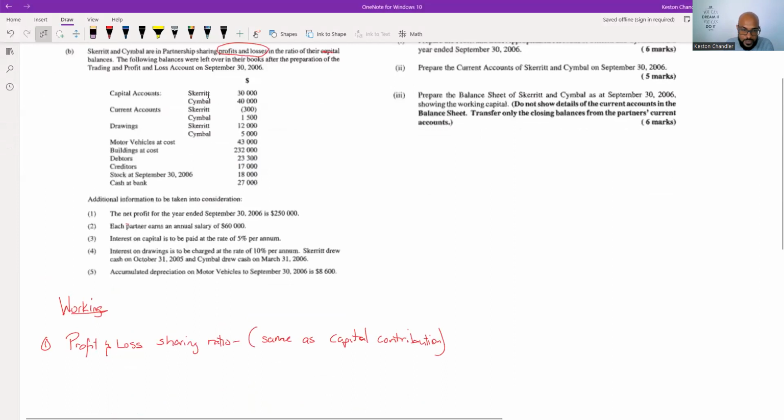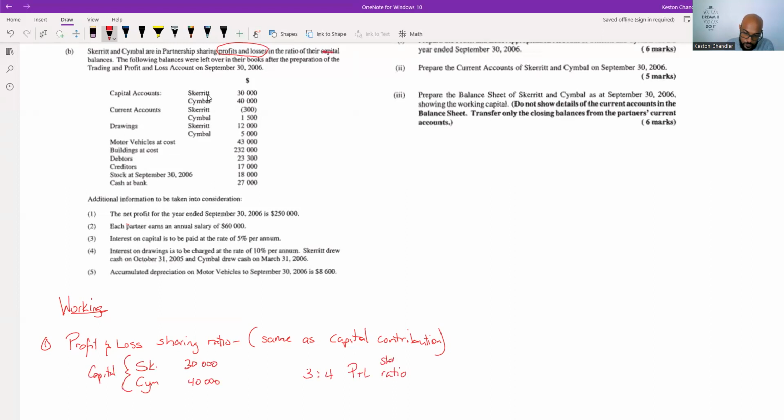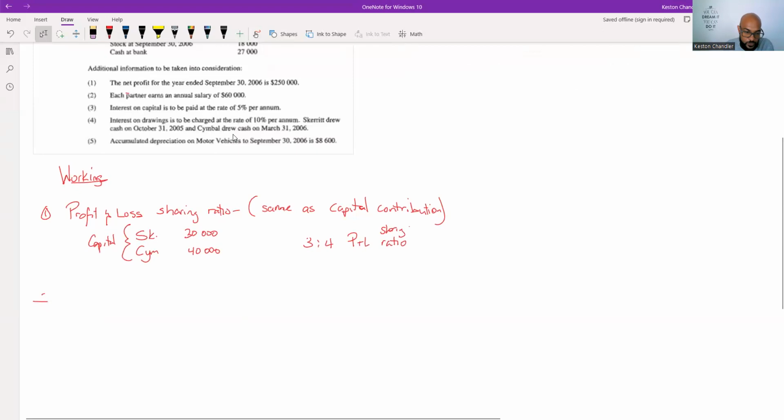Capital balances for Skeritt and Cymbal was 30,000 and 40,000. So the ratio, if we put that as 3:4, is our P&L ratio, profit and loss sharing ratio.